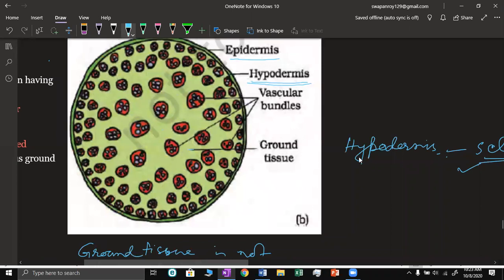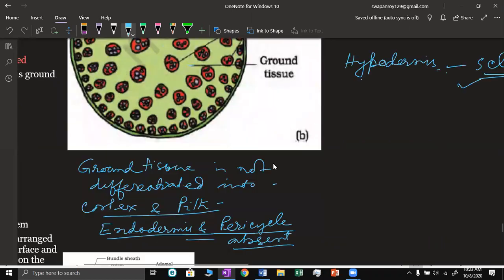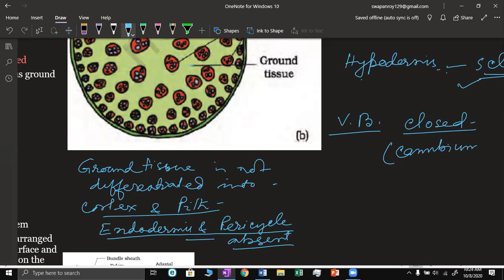All right, vascular bundles. In this case, the vascular bundles are closed. That is, the cambium is absent, and as the cambium is absent, further growth is not possible.